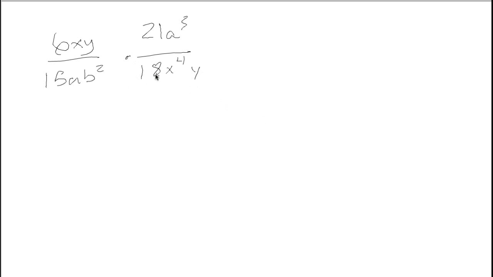Now this is just multiplication, so again, we could just multiply straight across, 6 times 21, xy times a cubed, and then simplify.